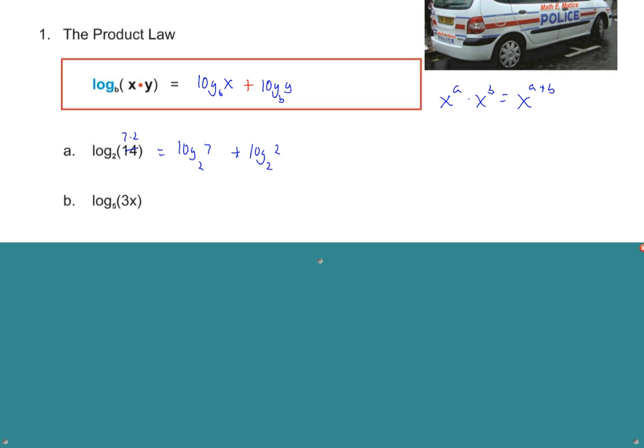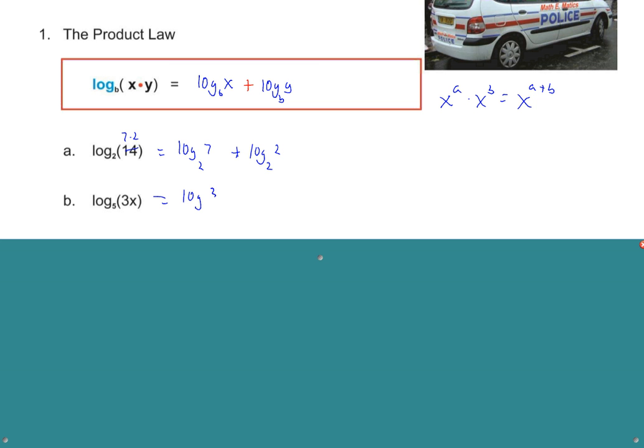This one is more valuable in that if you were solving a logarithmic equation with something like this, and you're trying to isolate the variable, it helps to be able to split it up. So this could be log 3 in base 5 plus log x in base 5.